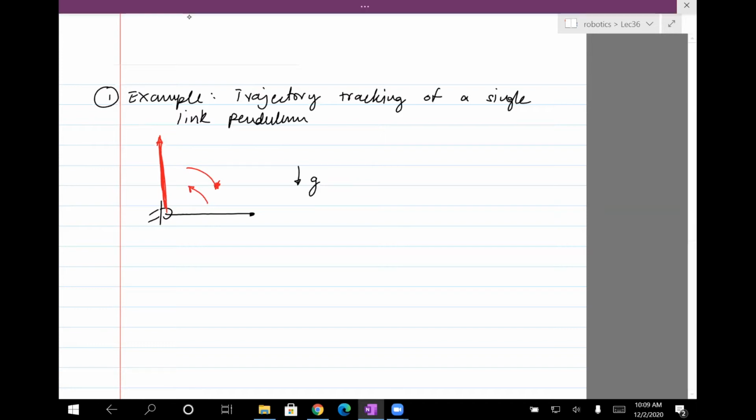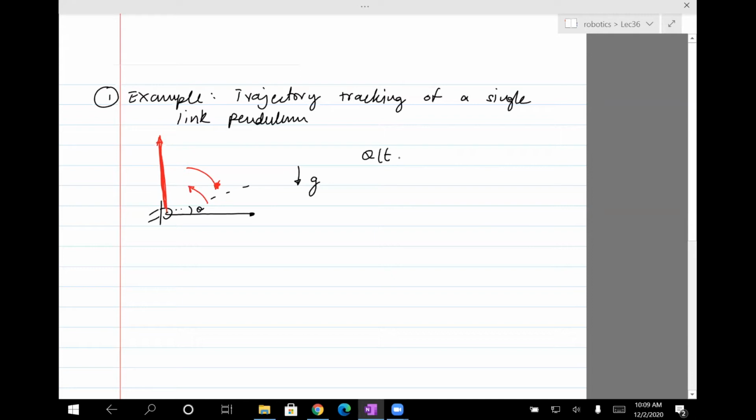So we want to get the pendulum to go from, so let's say that the angle of the pendulum is given by theta. So at time t equals 0, we want the pendulum to be at 0, which it is. Then at time t equals 1.5, and I just chose 1.5 to be some arbitrary value, we want the pendulum angle to be 90 degrees.